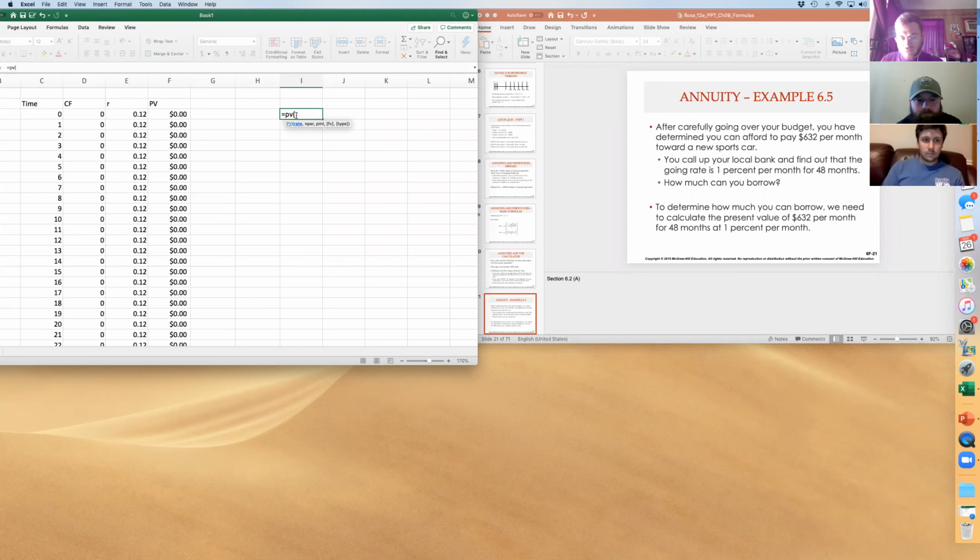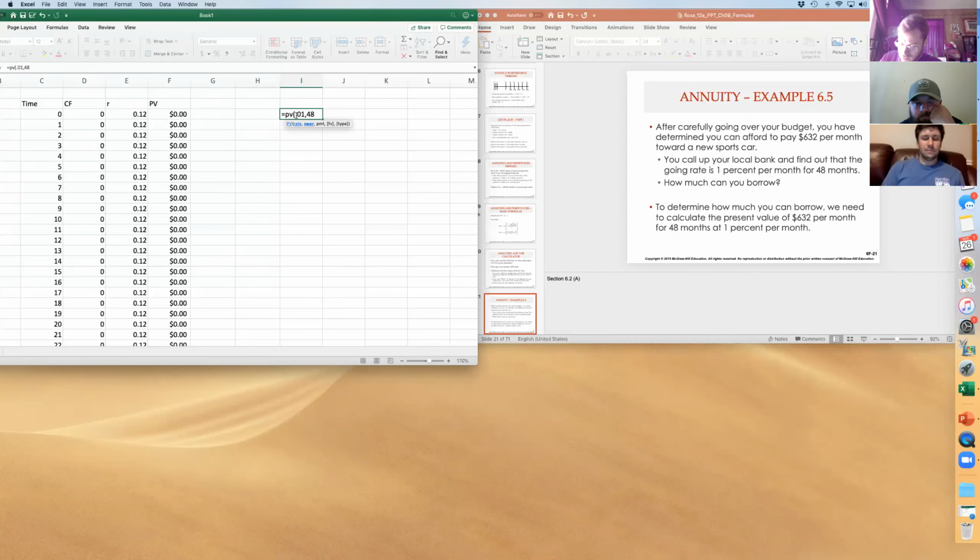Okay, so for the rate, everything needs to be consistent as far as the term goes. The payment is in monthly terms, so everything else needs to be in monthly terms. The interest rate has been given to you as 1%, and that is in monthly terms. That is R over M, which is 1%. The number of periods, 48 months, is also in monthly terms.